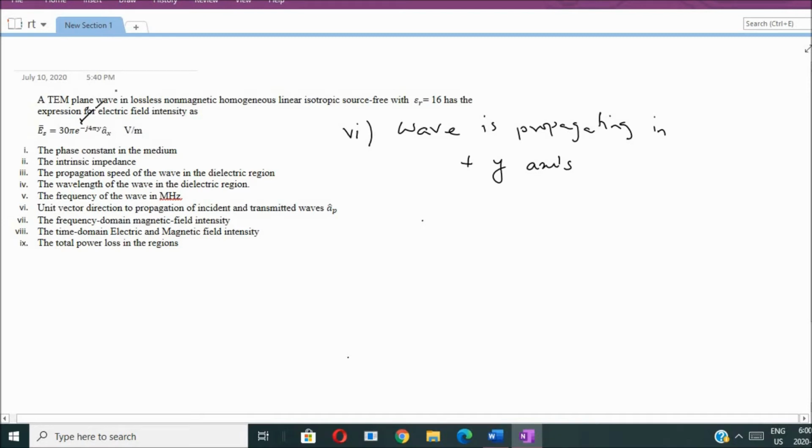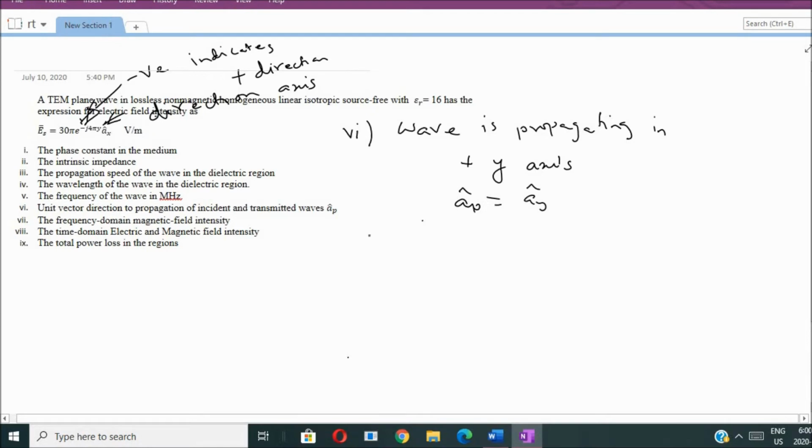This negative sign indicates positive direction, and y is the direction axis. So I can write it as a_p equal to a_y.